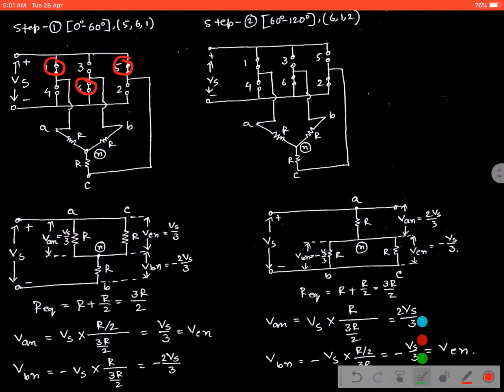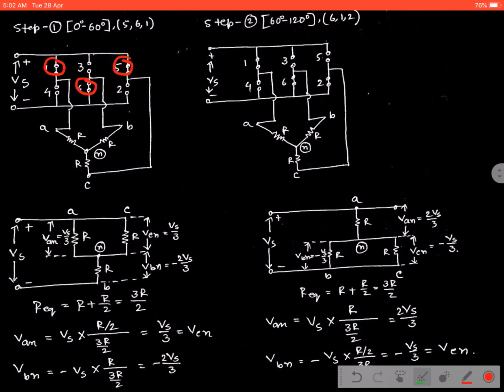That is why we can draw another equivalent circuit diagram. See, through switch 1, the point A is connected to the supply positive terminal, and the other side is connected through the load to the neutral point. Similarly, when 5 becomes on, what happens?